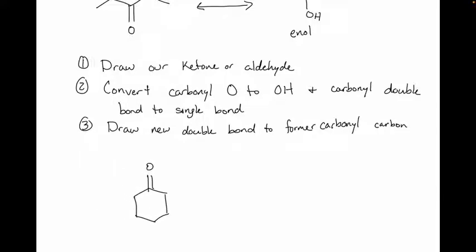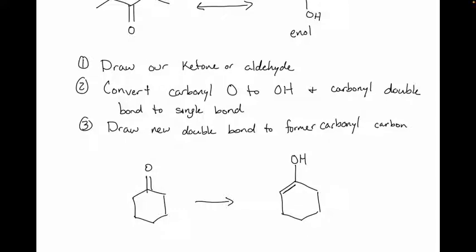So using our strategy here, draw me my enol. Convert that carbonyl to an alcohol, and now I'm going to make a double bond.